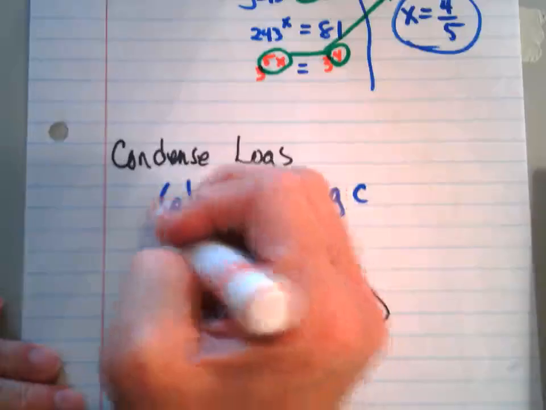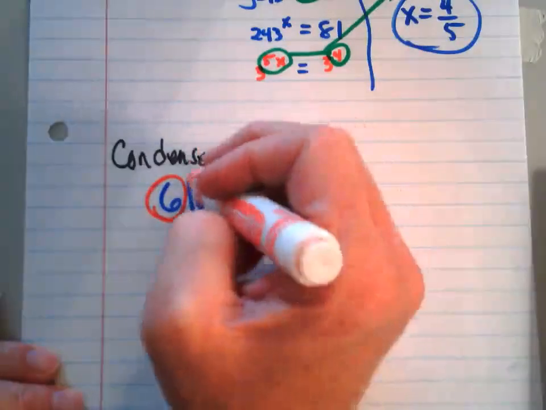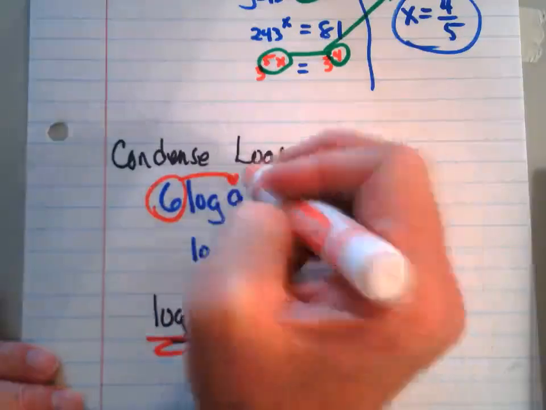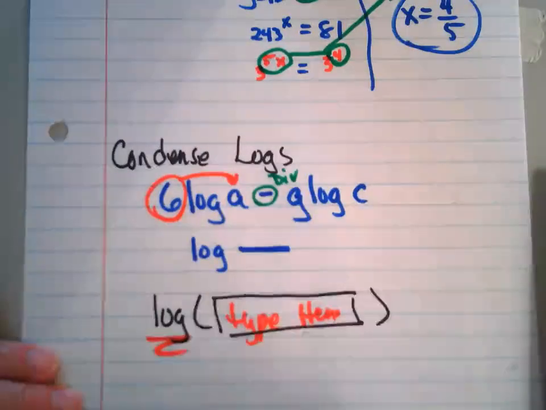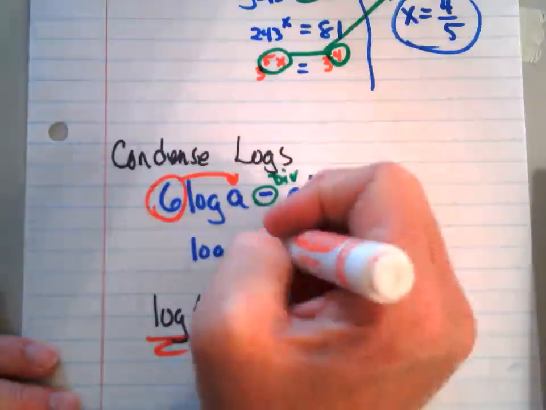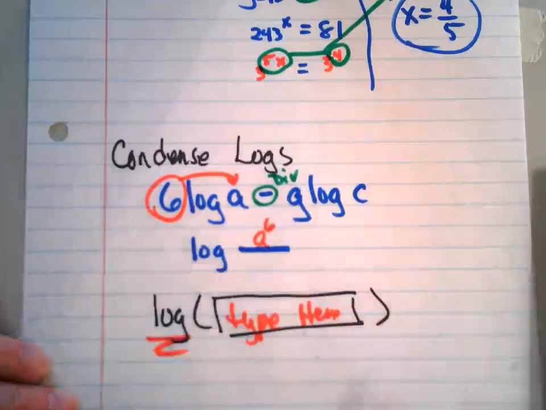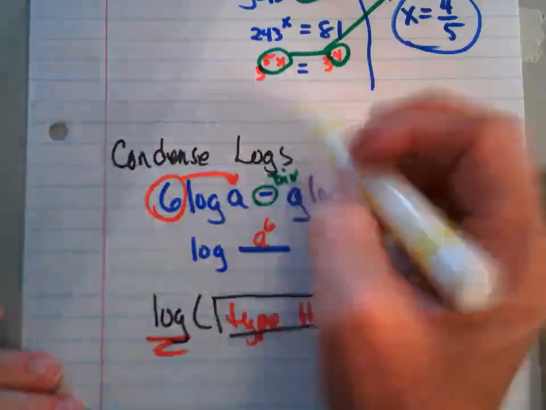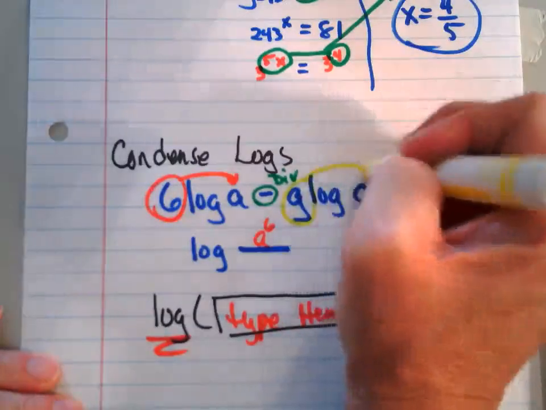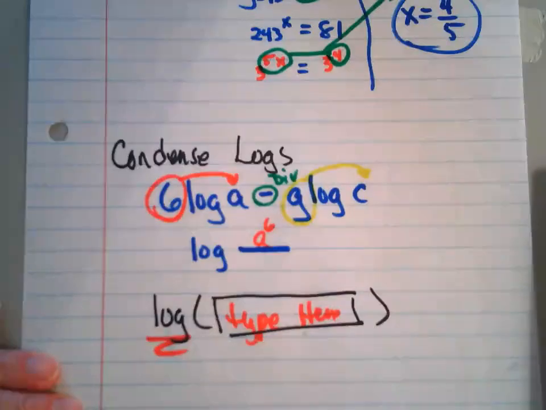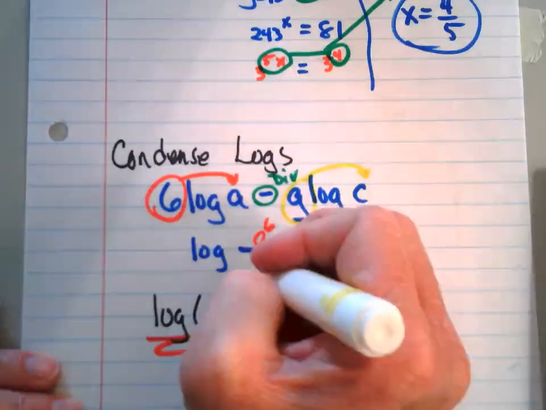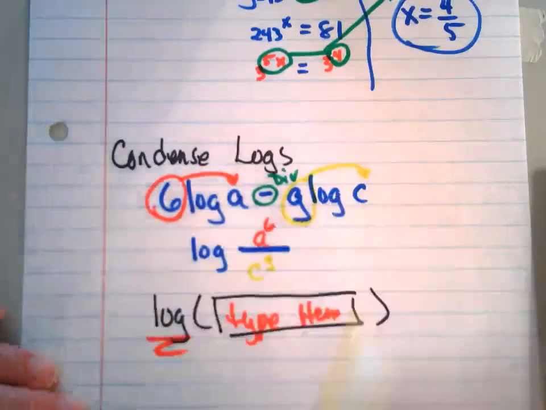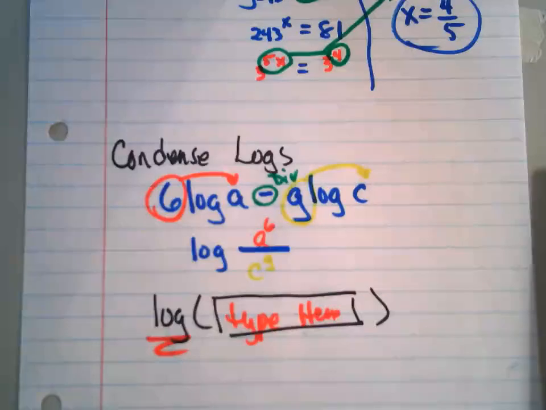The 6 as a coefficient is going to move up to an exponent of a, and so that is on the top, a to the 6th, and then the g is going to move up and be an exponent for the c. So on the bottom, you have c to the g power. So that's the condensing of it.